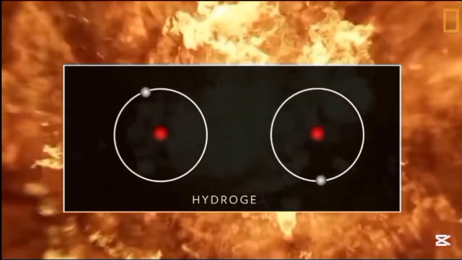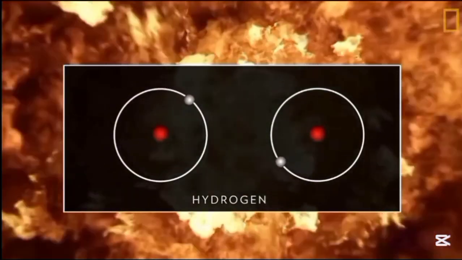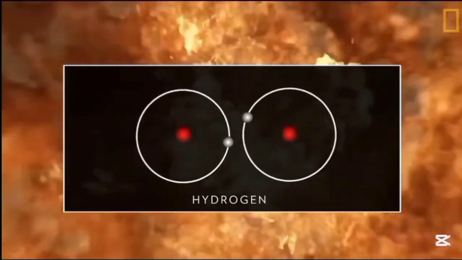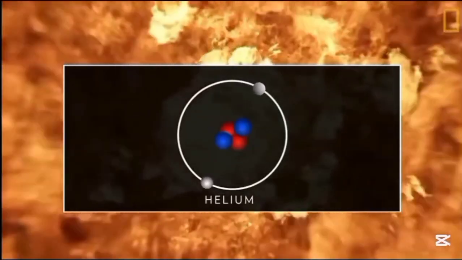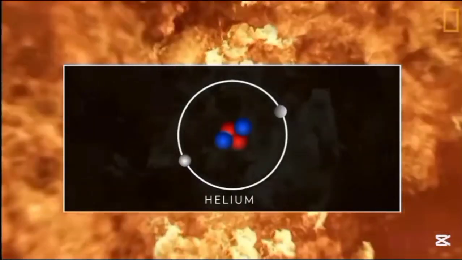Our sun produces energy through a process called nuclear fusion, where hydrogen particles combine into helium particles, releasing energy in the form of heat and light.